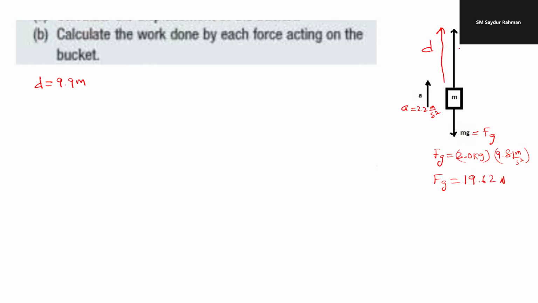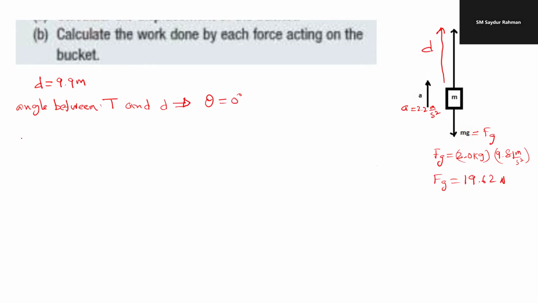So the angle between force tension T and d, they are in the same direction. The angle between T and d is 0, right? So theta equal to 0 degree because they are in the same direction.